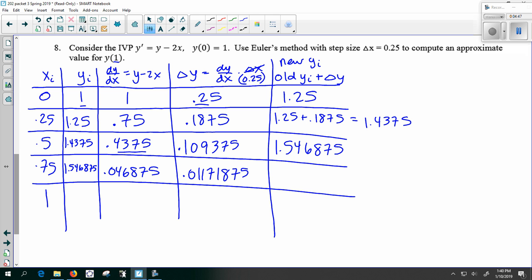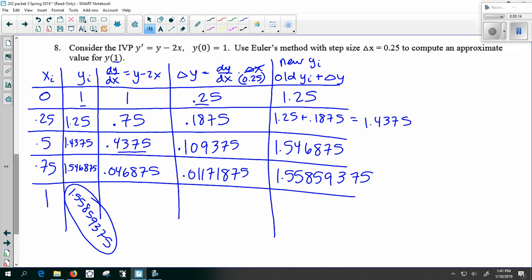And then I add that to my old y. So I get 1.55859375. That is the y value for my x value of 1. 1.55859375. That's my approximation for y when x is 1.